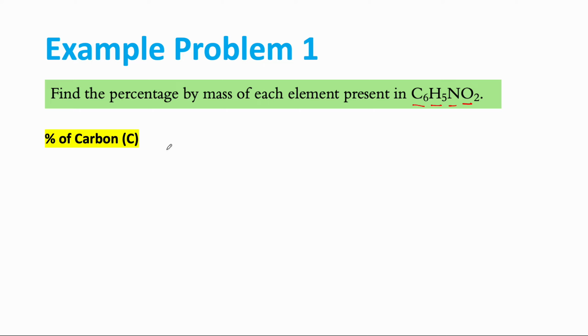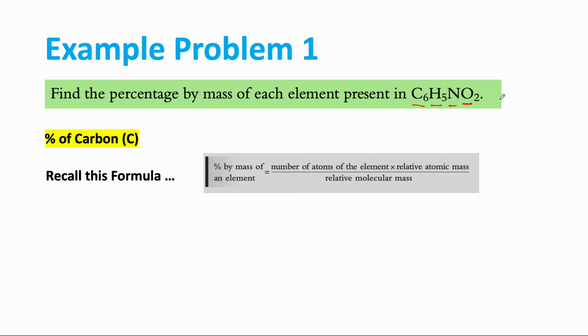So to break this down, the number of atoms you get from here. How many atoms of carbon are there in this compound? There are 6 carbon atoms. So it's 6 times the relative atomic mass. What is the relative atomic mass of carbon? From the periodic table, we know it is 12.011, just like before.